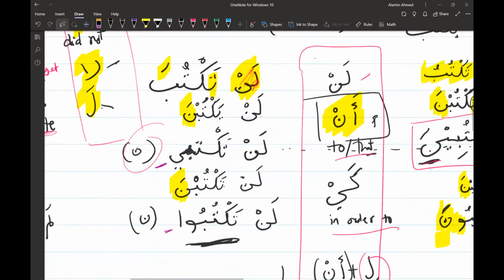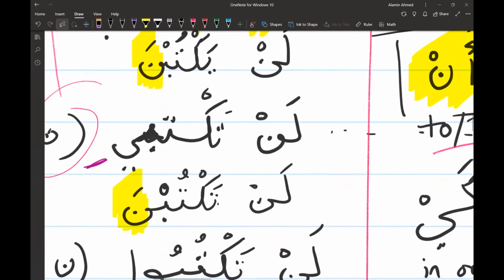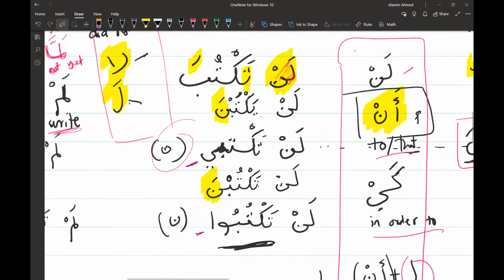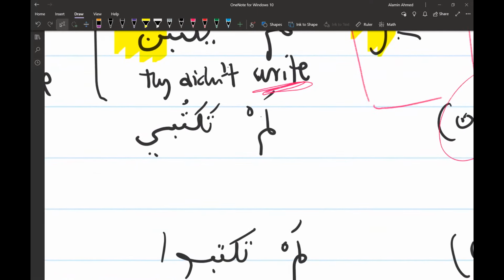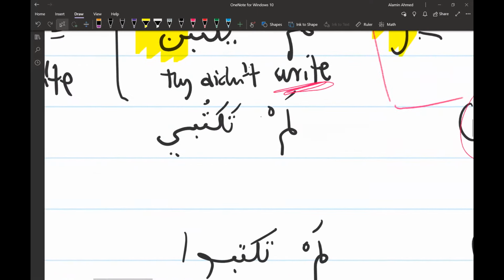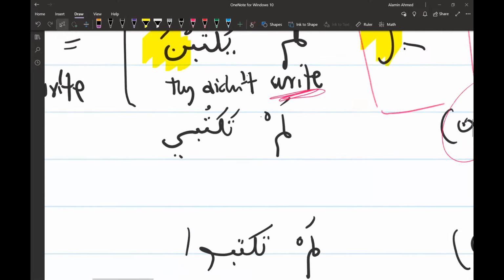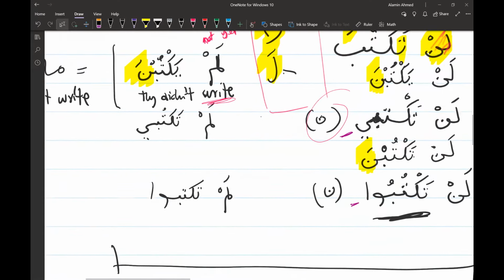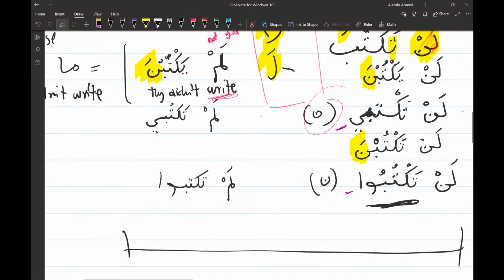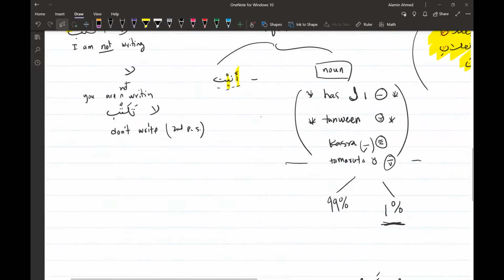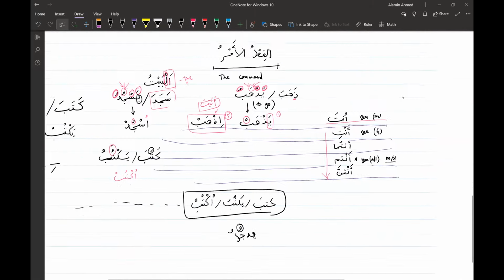We remove the noon. So we say lan taktubi. And in majzum, we also remove the noon. Lam taktubi, the same situation. You understand? In the command verb, it would be exactly the same situation.